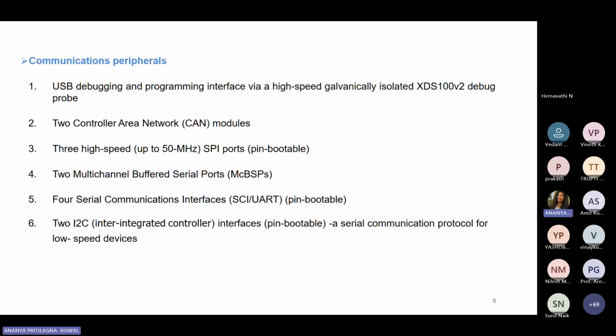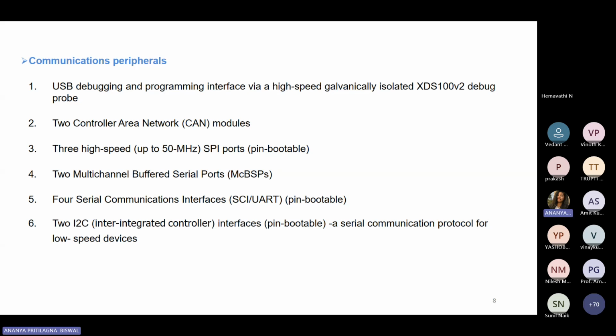The communication peripherals: USB debugging and programming interface by a high speed galvanically isolated debug probe, two controller area network modules, three high speed up to 50 MHz SPI ports, two multi-channel buffered serial ports, four serial communication interfaces, two I2C, that is inter-integrated circuit interfaces.